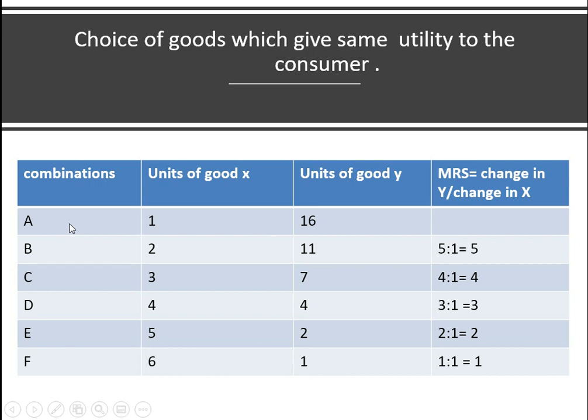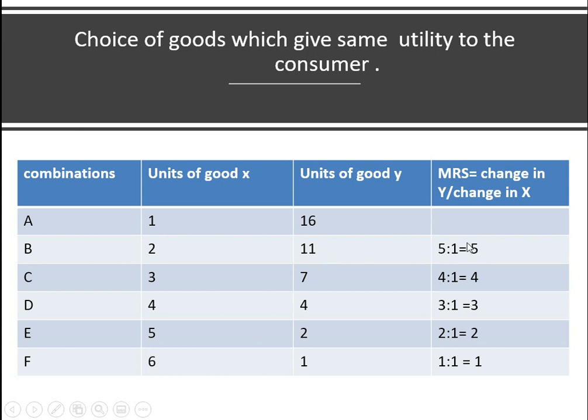The level of satisfaction which we attain from the first combination is the same level of satisfaction given by combinations B, C, D, E and F. So when we are taking 1 unit of X, in parallel we are taking 16 units of Y, and when we are willing to take 1 more unit of X, we have to forgo 5 units of good Y.